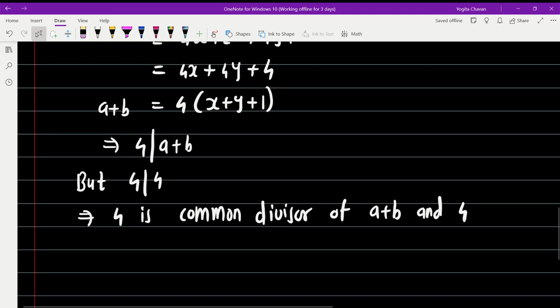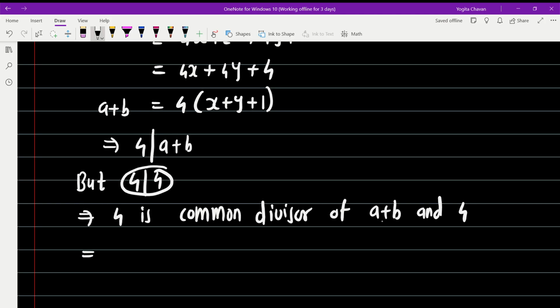Now 4 is also the greatest common divisor of A plus B and 4. Why? Because there is no number greater than 4 which divides 4. ये 4 को डिवाइड करने वाला ग्रेटेस्ट नंबर 4 ही है. सो दोनों नंबर को, जो दोनों A प्लस B एंड 4, उनको डिवाइड करने वाला जो ग्रेटेस्ट कॉमन डिवाइजर होने वाला है वो 4 ही होने वाला है, क्योंकि 4 से बड़ा नंबर 4 को कभी डिवाइड नहीं करेगा.